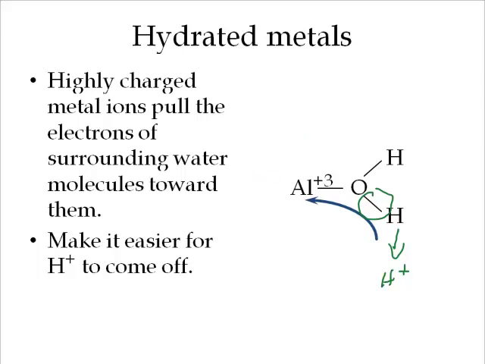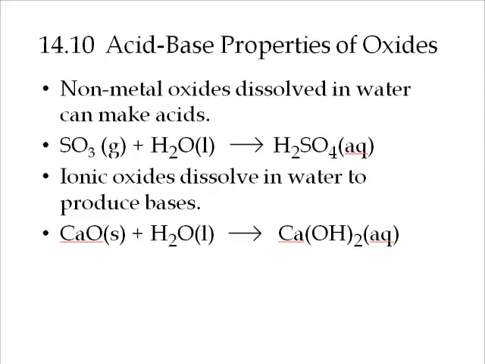And then last but not least, I want to finish this podcast with a review, and that is what happens when you dump some of these molecules in water. If it happens to be a non-metallic oxide, like sulfur trioxide, it makes sulfuric acid. How about SO2?